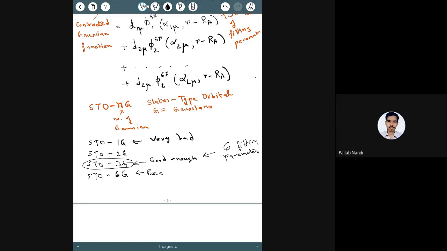So when it's STO1G, it means every atomic orbital is represented by one Gaussian, which we saw was quite bad. Or you can have a linear combination of 2, then it's STO2G. If it's a linear combination of 3, then you have STO3G. For STO3G, you will have 3 of these, so you will have 6 fitting parameters.